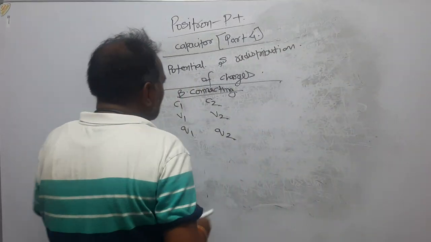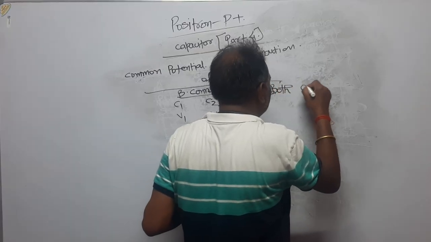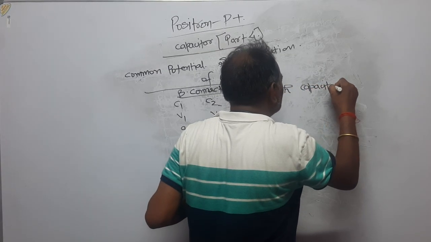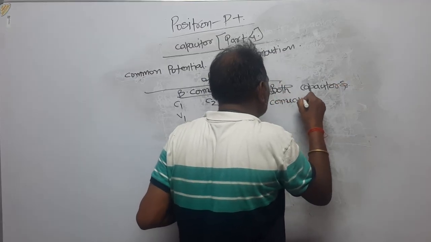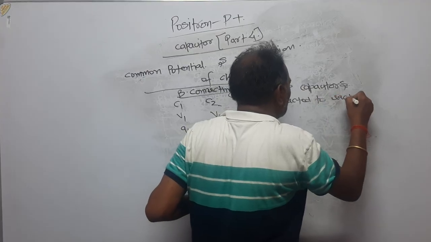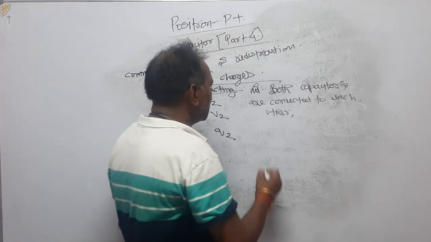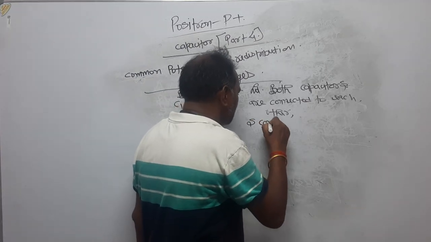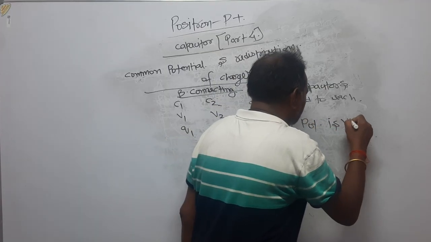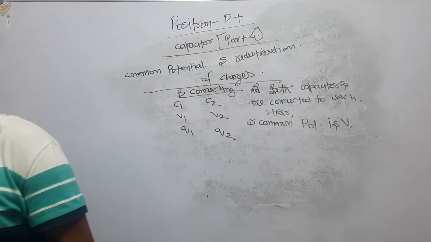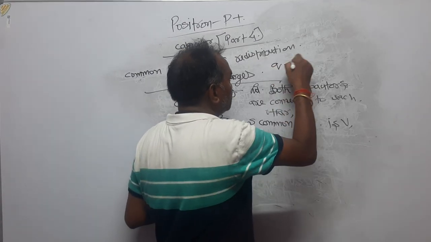Now, dear students, let both capacitors be connected to each other. If both are connected to each other, and the common potential is V. You know Q is equal to CV.